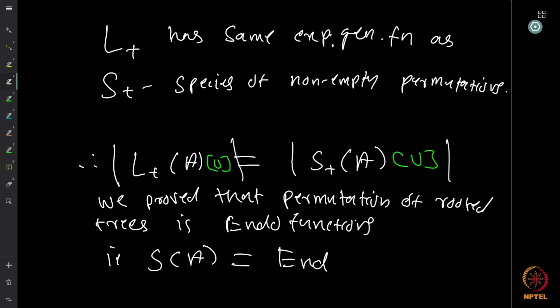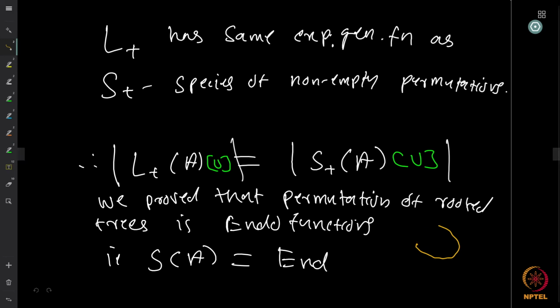Now, if you recall, when we were looking at this graph, we proved that the permutation of rooted trees is basically endofunctions. If you look at the map of an endofunction, it has a nice structure: all the paths on the trees go to a specified vertex, and the roots of the trees sit in a cyclic structure.